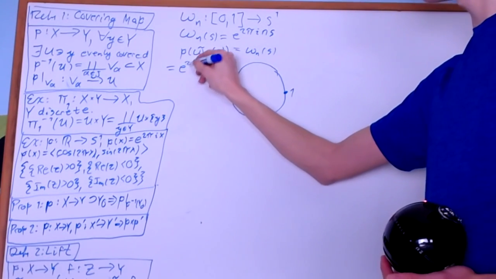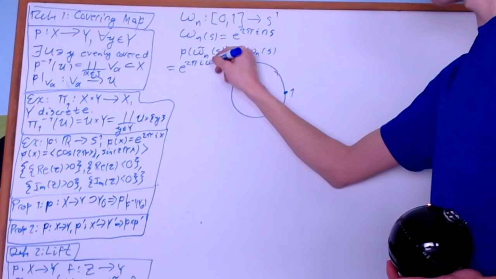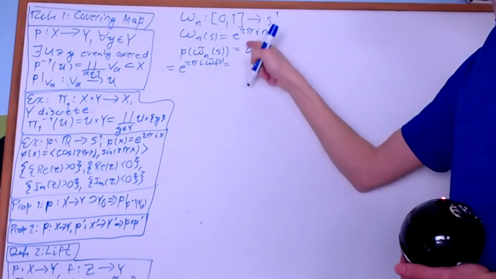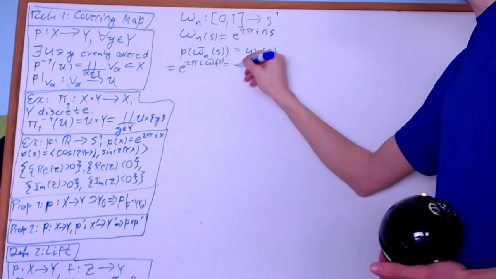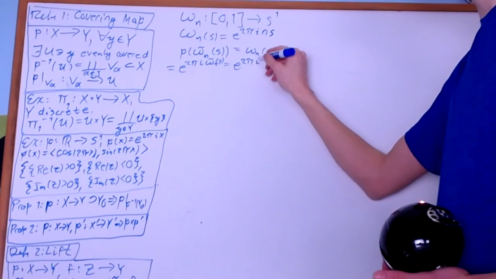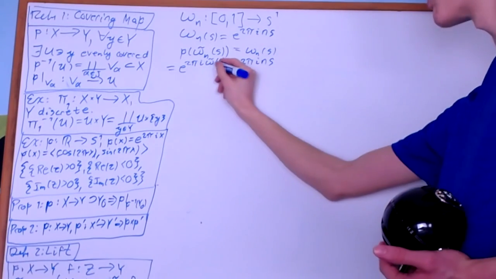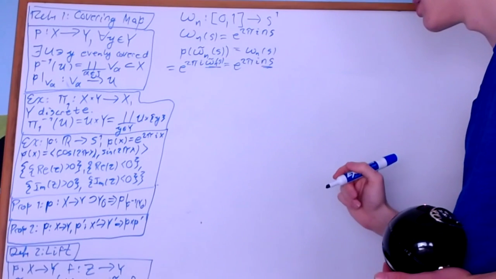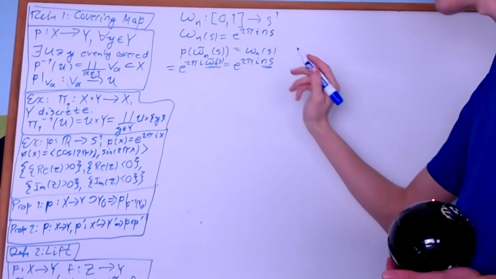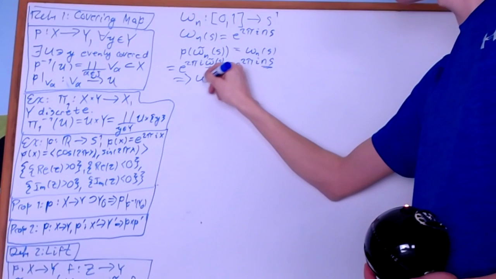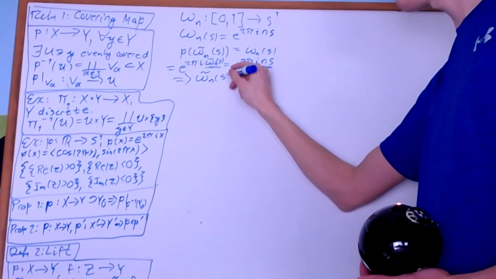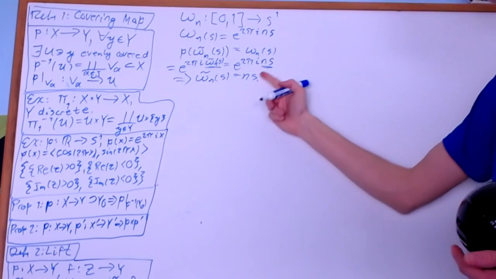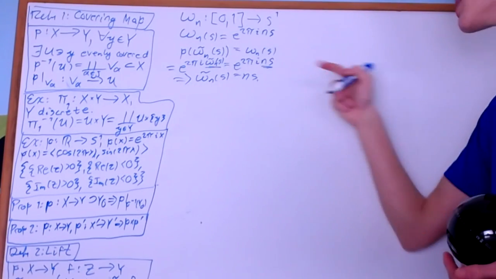So e to the 2 pi i omega n tilde of s has to be equal to omega n of s, which is e to the 2 pi i n s. So right there you have omega n tilde of s, and right there you have n s, and the rest of it is e to the 2 pi i. And so that means that omega n tilde of s is n s. And remember, s goes from 0 to 1, so it starts at 0 and ends up at 1.